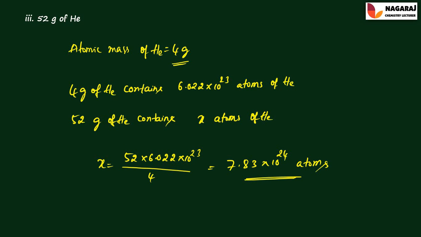Like that, if it is to be expressed in grams, 4 grams of helium contains Avogadro number of atoms. So the atomic mass of helium is 4 grams. So gram atomic mass of that element contains Avogadro number of atoms. So 52 grams of helium contains X atoms. So X value is 7.83 into 10 to the power 24 atoms.